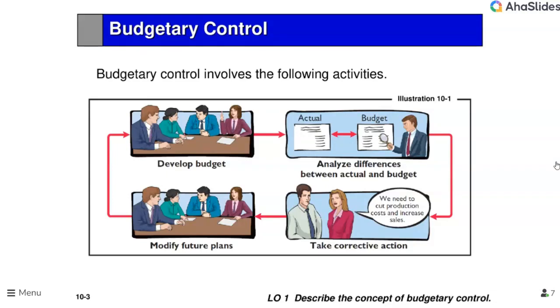And we're looking at the difference. And if we are not performing the way we had planned, then we have to take corrective action, which means we have to modify our future plans or adjust our options for whatever reason. But at least now we're getting reports from the field as to what's actually happening.